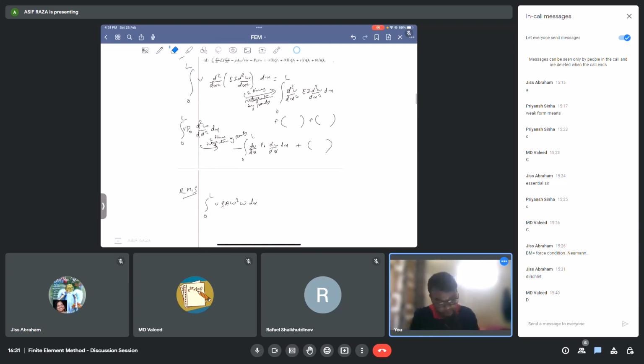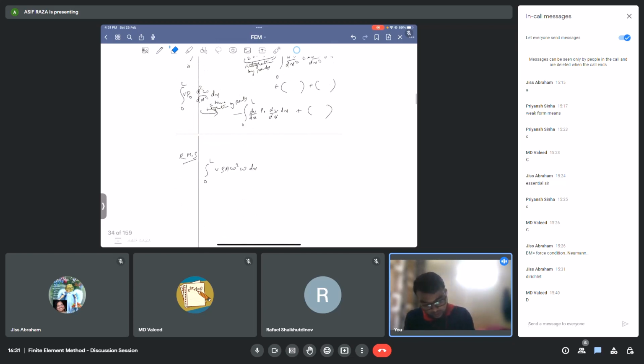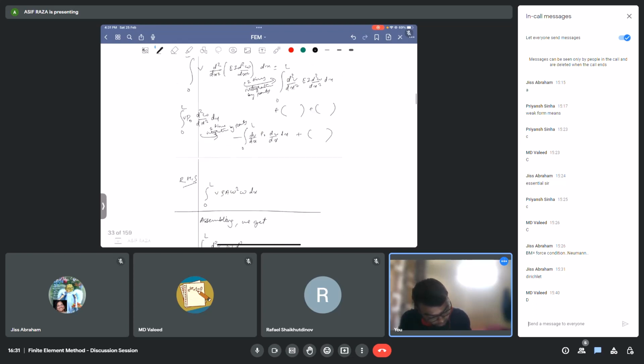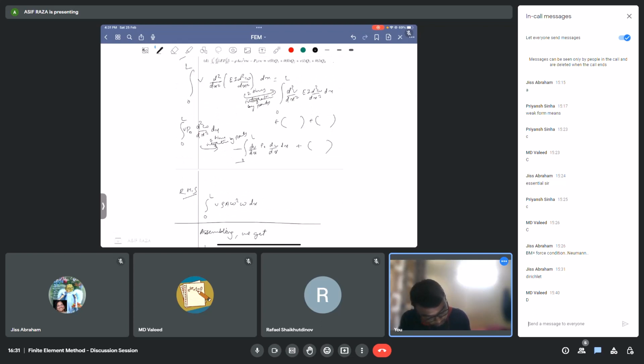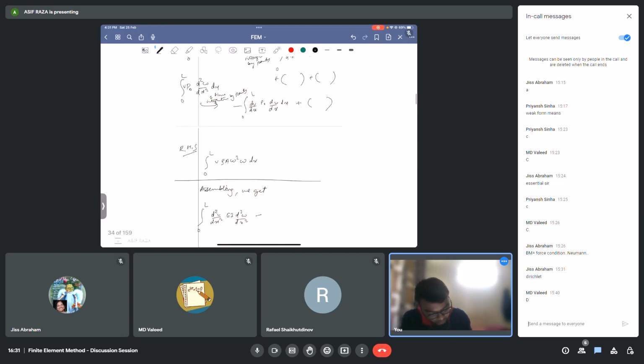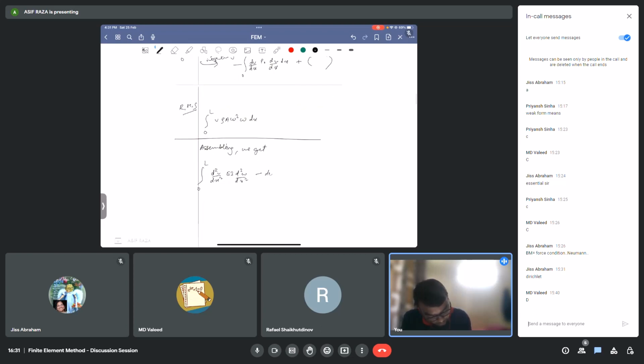Now assembling it, what will we have? Assembling, we get 0 to L EI, 2 times of weight function's derivative, EI d square w by dx square, minus this required one, dv by dx, P naught dw by dx.